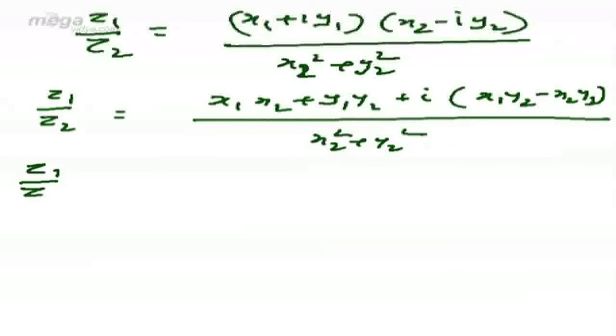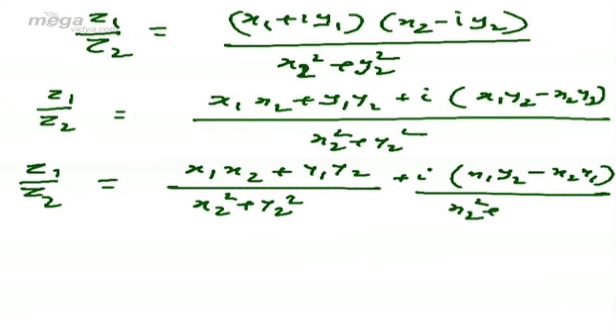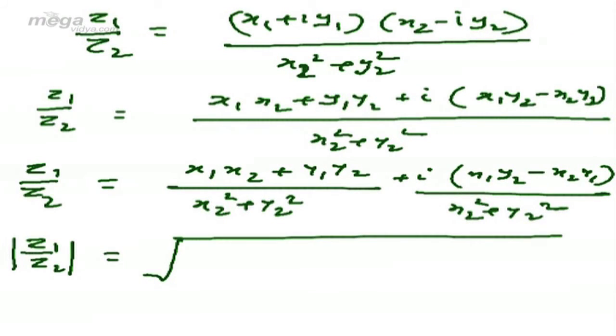So z1 by z2 can be written in a plus ib form as x1 x2 plus y1 y2 divided by x2 square plus y2 square plus i times of x1 y2 minus x2 y1 divided by x2 square plus y2 square. Now if we take the mod of z1 by z2, it will become root of real part of z to the power 2 plus imaginary part of z to the power 2.